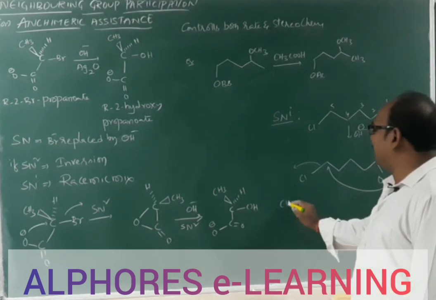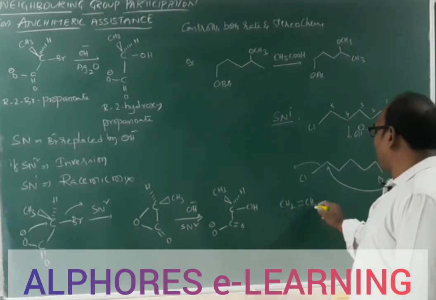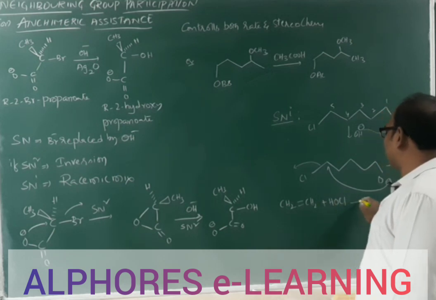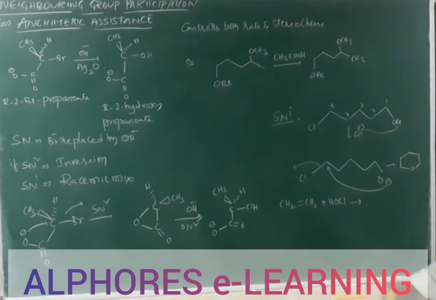Similarly, one more reaction: ethylene upon addition of hypohalous acid, HOCl, hypochlorous acid, will give chlorohydrin, CH2OH-CH2Cl. This one upon treatment with base, the hydrogen H plus gets abstracted, giving O minus. This O minus attacks the leaving group containing carbon.